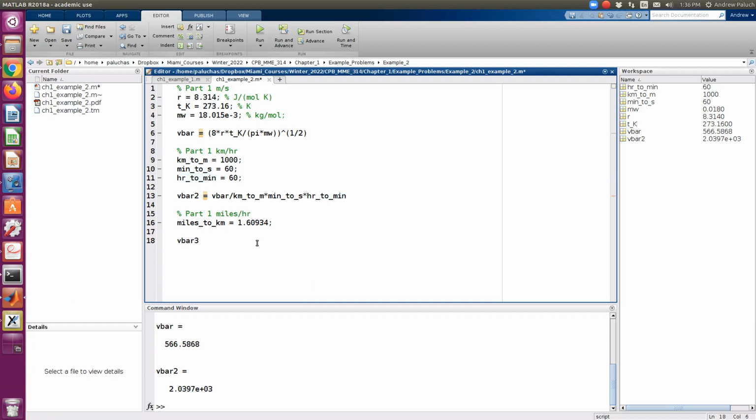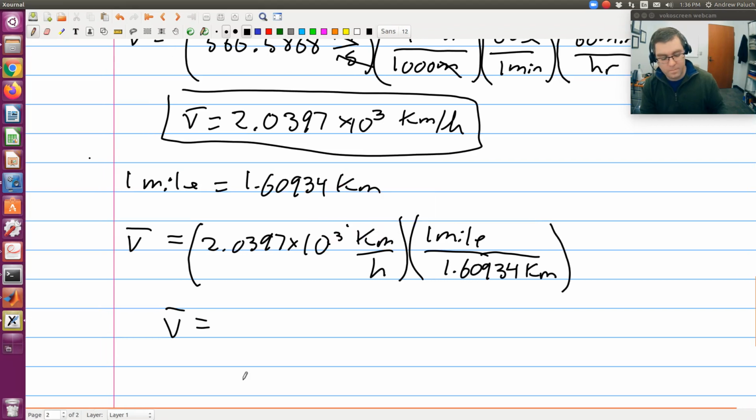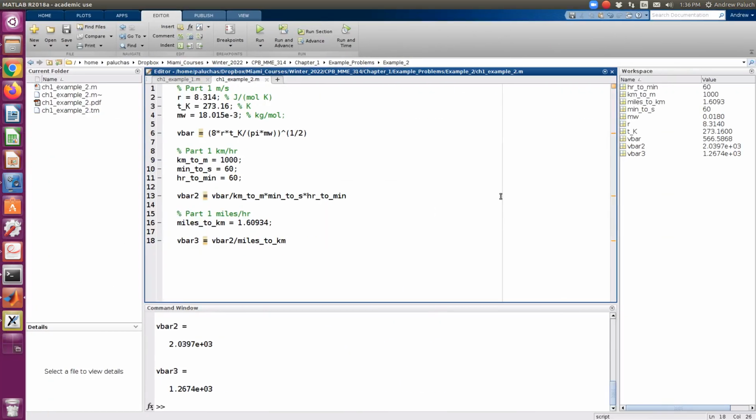Gets a little touchy with my pad in front of me. So that's going to be equal to V bar 2, divided by miles to kilometer. So miles per hour, we're at 1.2674 times 10 to the 3 miles per hour.